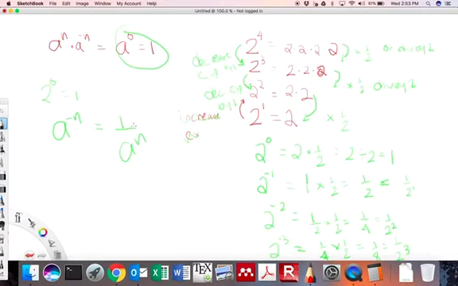Now notice that if I take a to the n times a to the negative n, that's a to the n times 1 over a to the n, which is equal to 1, but we already showed that a to the 0 has to equal 1, so these are all the same. I hope that's helpful, and in the next video we will apply this to another annuity type formula.